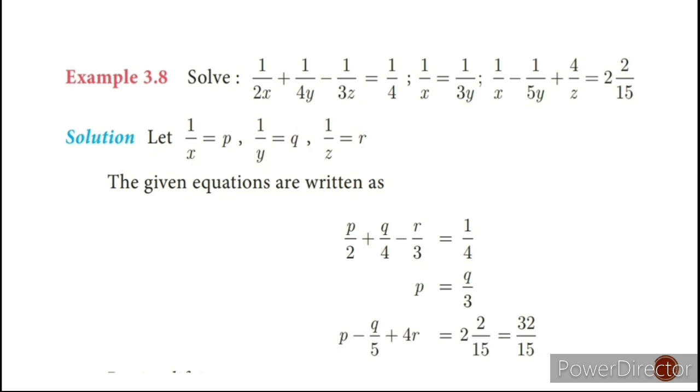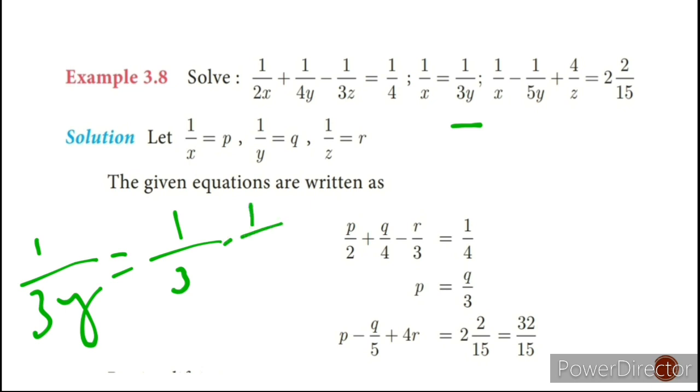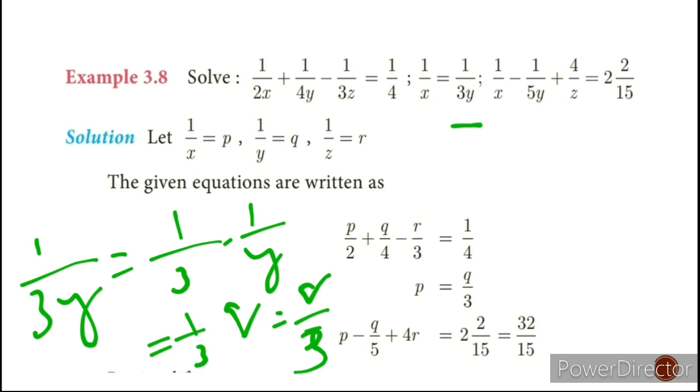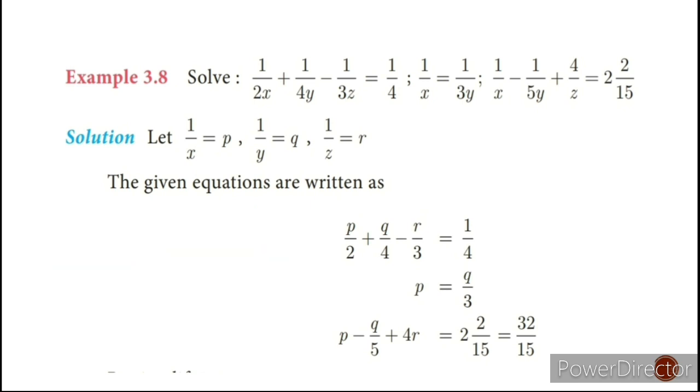Instead of 1 by 3y, I write q by 3, that is 1 by 3y can be written as 1 by 3 into 1 by y, which is 1 by 3 into q, that is q by 3. So that's why I write here 1 by 3y is q by 3.